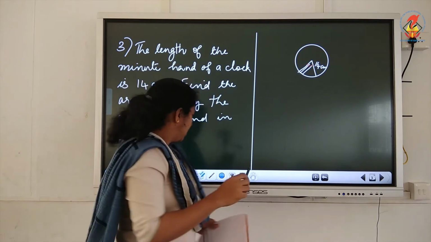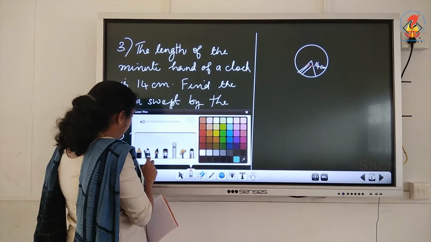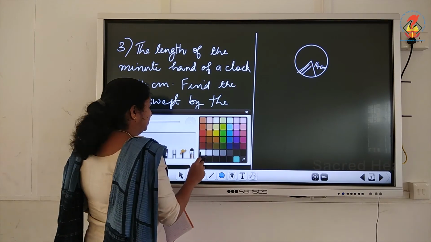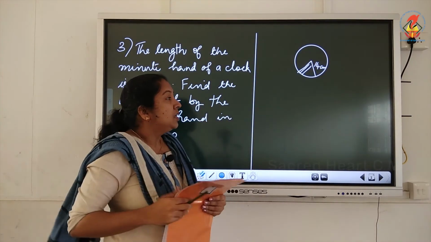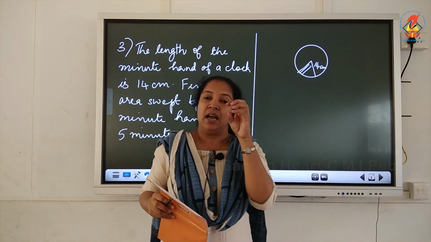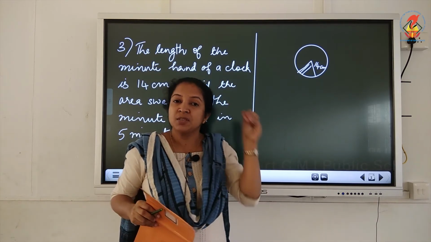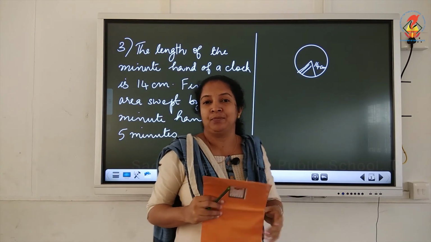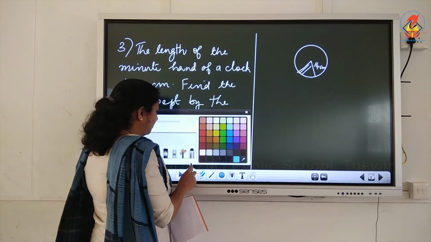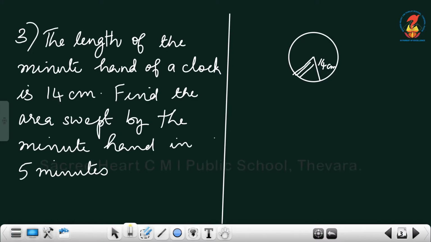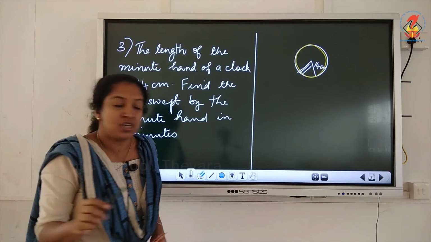For that, you have to use: what is the angle made by this minute hand in 1 hour. 1 hour means, if it starts from here, it will reach here itself. So what is the angle made by this? It is 360 degree.